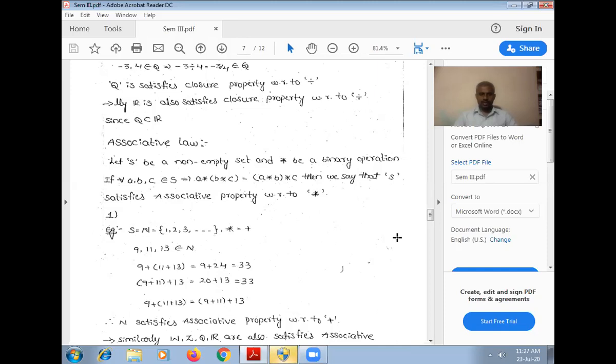This is the LHS value of the associative condition. And the RHS value is 9 plus 11, which is 20, and 20 plus 13 equals 33. So both the left side value and the right side value are equal. So 9 plus (11 plus 13) equals (9 plus 11) plus 13. So it satisfies the associative law.